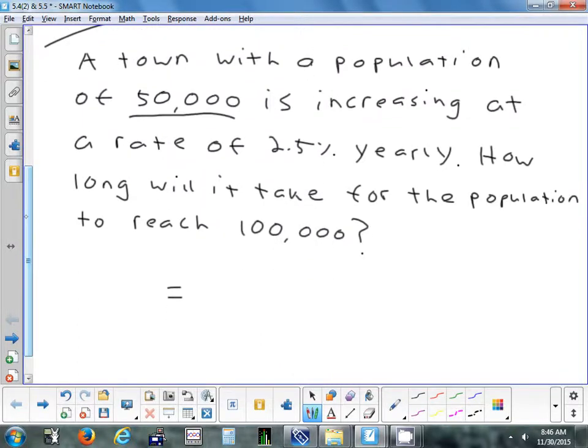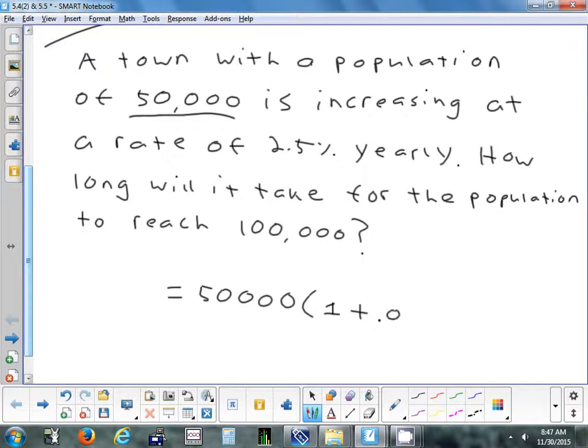Yep, start with 50,000 times 1 plus, how about Pat? How would I write my rate? 2.5, right? Well, is that as a decimal? No, it's 0.25, right? Cool, we gotta go one more. Oh, 0.025. So remember, you move that decimal 2 places to the left.